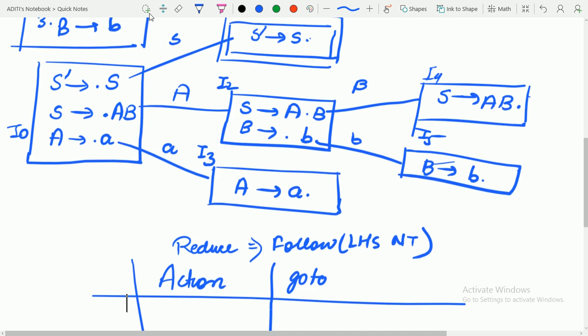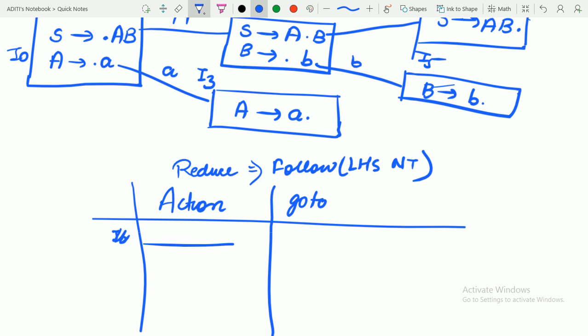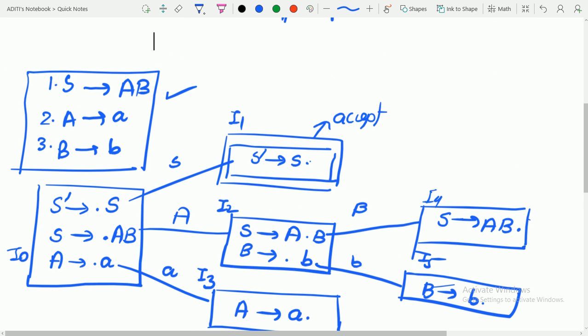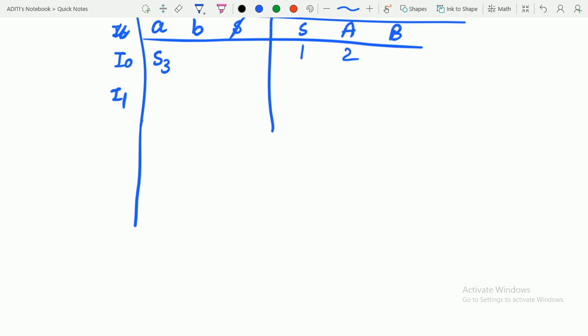We also write small b, dollar, S, A and B. On small a we go to the I3 state, so shift 3; the shift entries will be the same. On capital A we go to the I2 state, and for S we go to the I1 state, so we write 1 and 2 for I0.